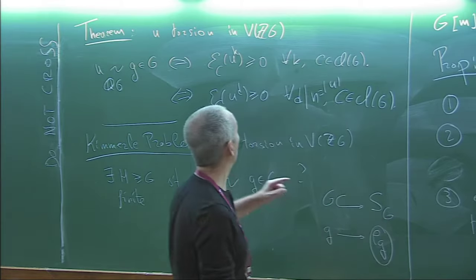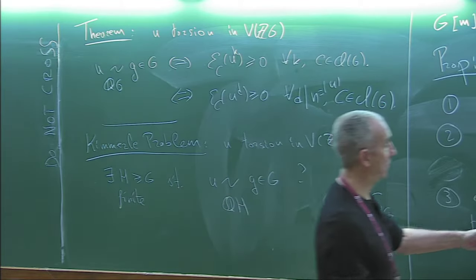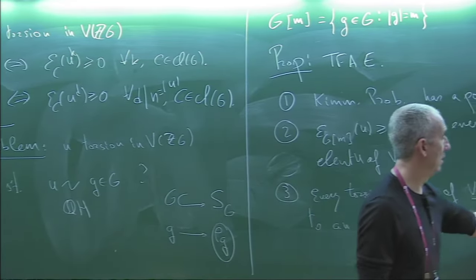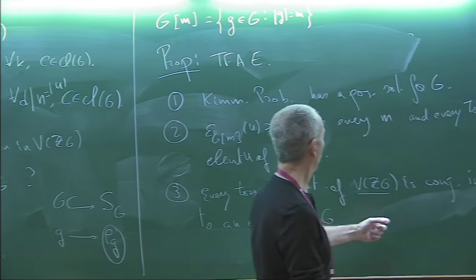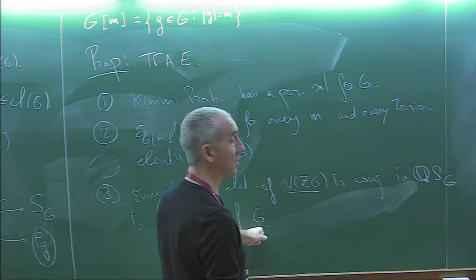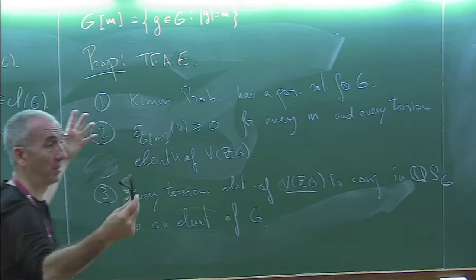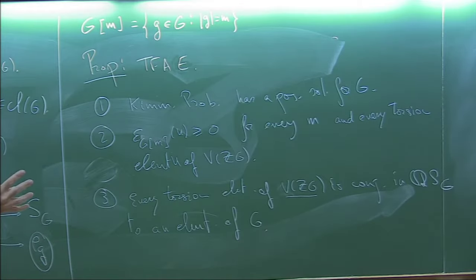And what you have to check for your original group element to be rationally conjugate to an element in the group, now the group is the big group, is this condition.